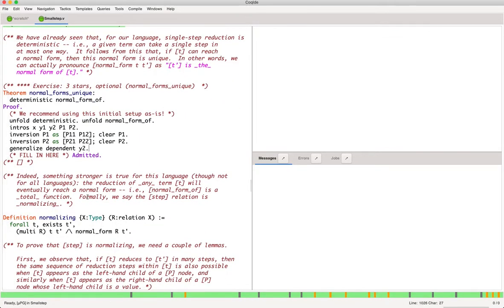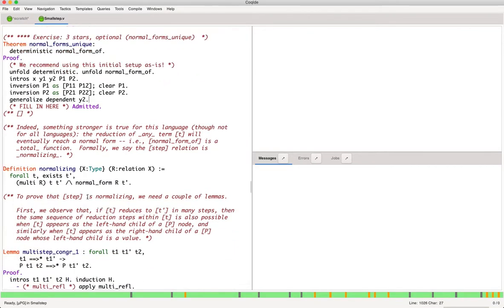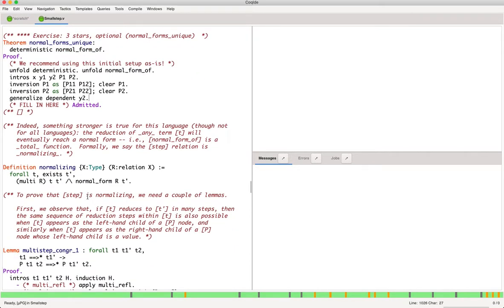And finally, something that's even stronger than that is this idea of a normalizing relation. So what does that mean? That means that if you start out anywhere, in other words, at any term whatsoever, there is a normal form that you can get to by following the multi-relation.